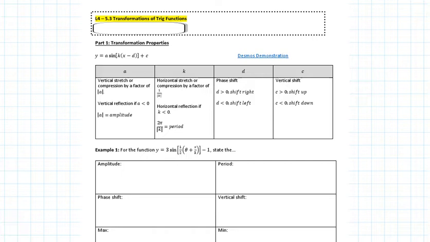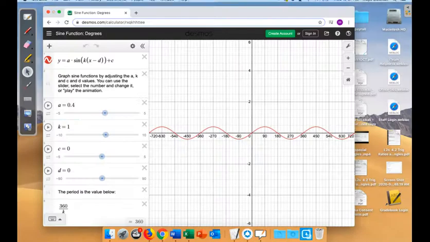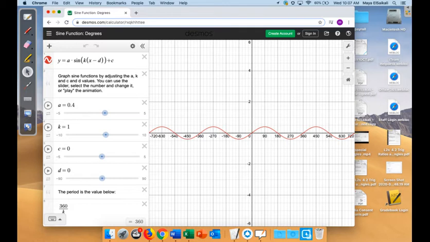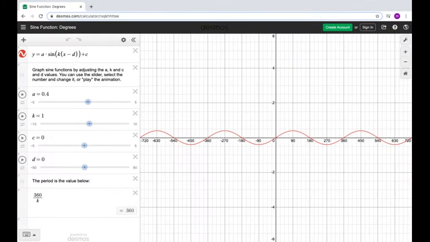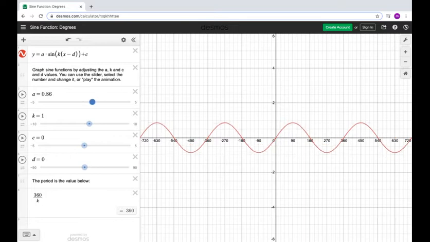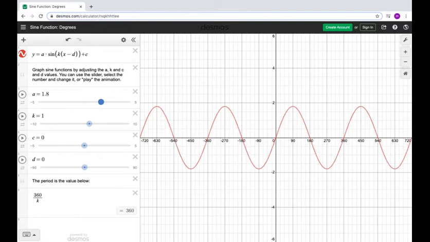Now, something that you also have to add to this is the a value. If I go here and show you this with decimals, I'm going to start a at 1. And this is a at 1 with no transformation with respect to a. If I change a, it's going to cause a vertical stretch or a vertical compression.